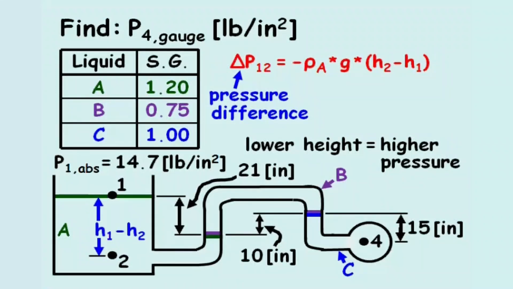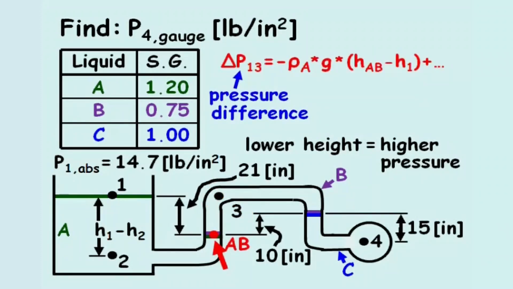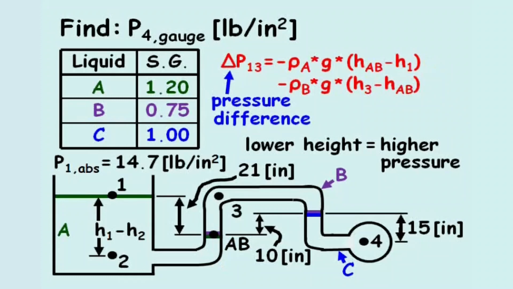If we want to know the pressure at point 3, which is located in liquid B, then we would have to evaluate the pressure difference from point 1 to the interface between fluids A and B, and combine that to the pressure difference from the fluid interface AB to point 3.